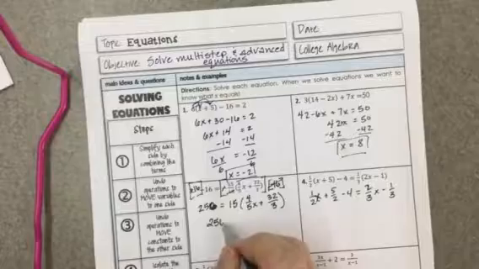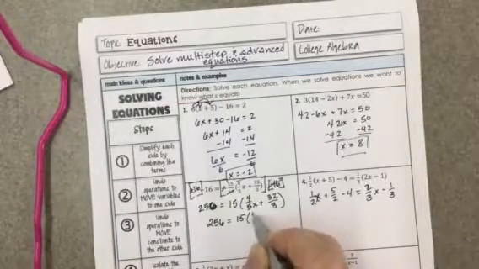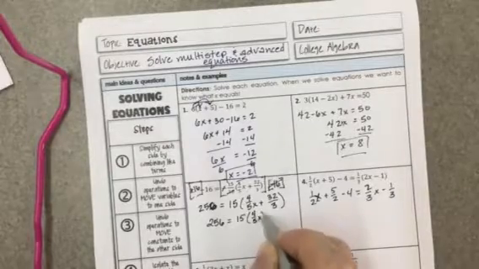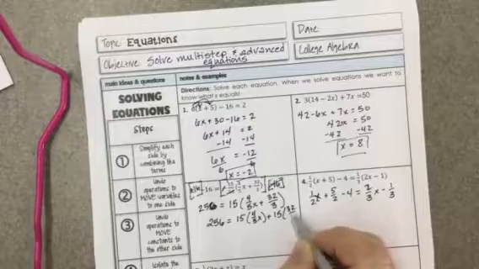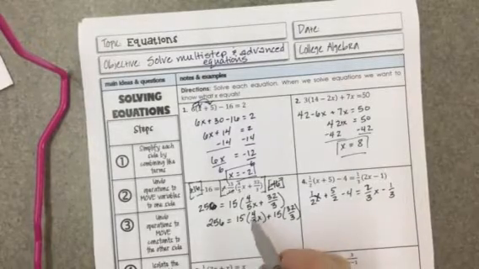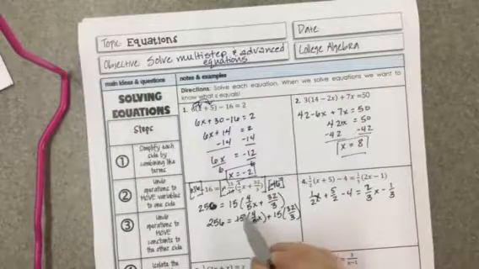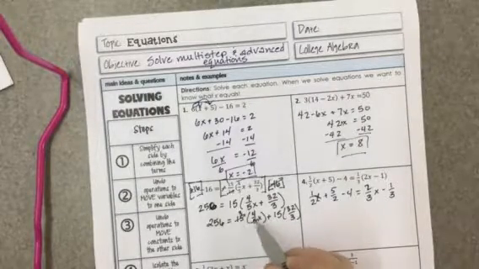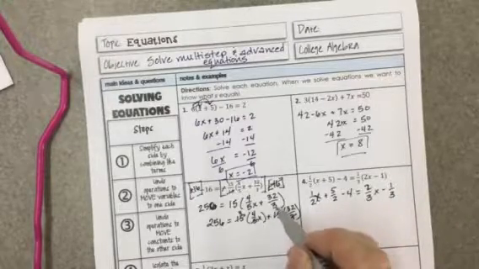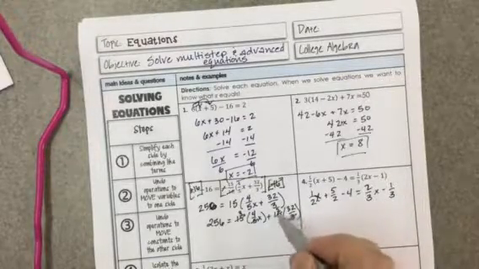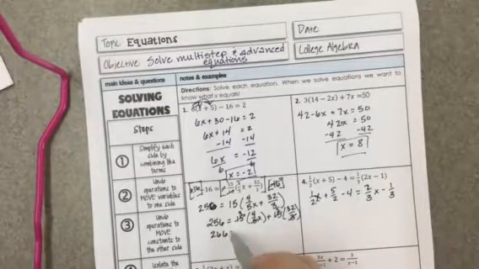So 256 is equal to 15 times 4/5 x plus 15 times 32 thirds. Well, I can see right here that my 5 will cancel and this will become a 3 because 5 goes into 15 3 times. My 3 will cancel and this will become a 5 because 3 goes into 15 5 times. So now I'm fractionless.